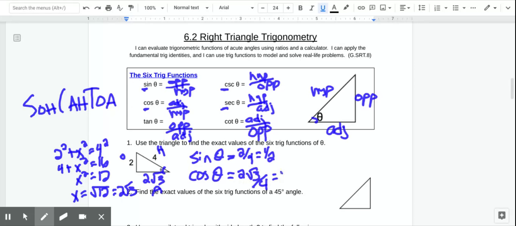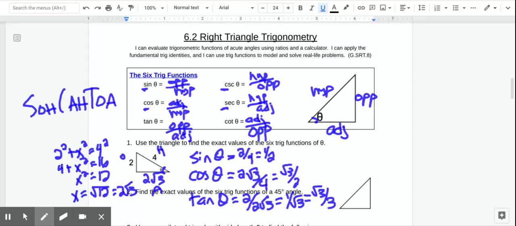And we're going to reduce that, so root 3 over 2. And if we want to find tangent of theta, that is opposite over adjacent, so 2 over 2 root 3. That reduces to 1 over root 3, and we should rationalize that. So multiply top and bottom by root 3, so we get root 3 over 3.